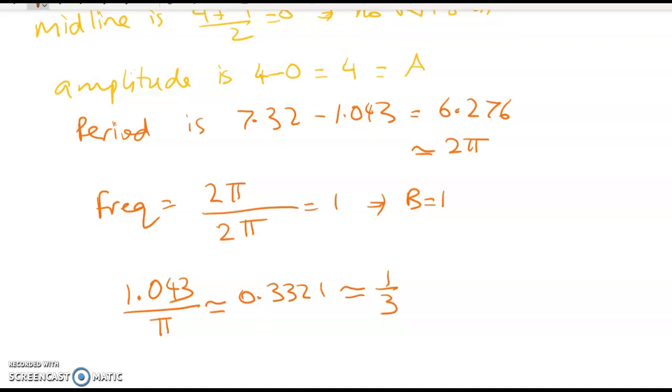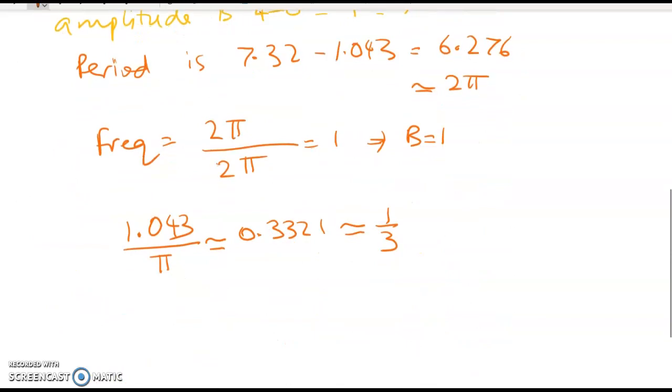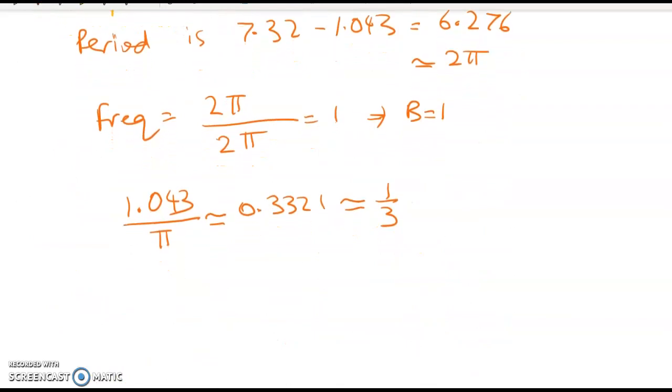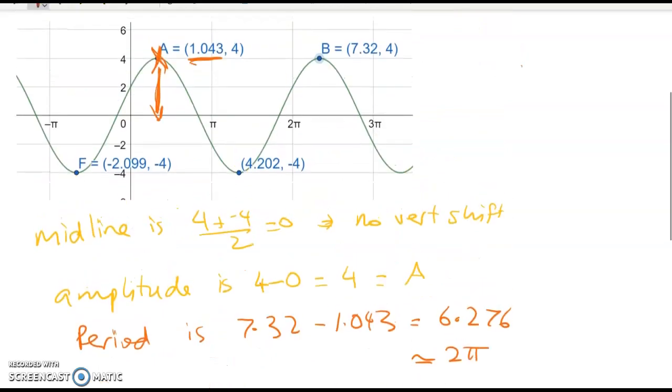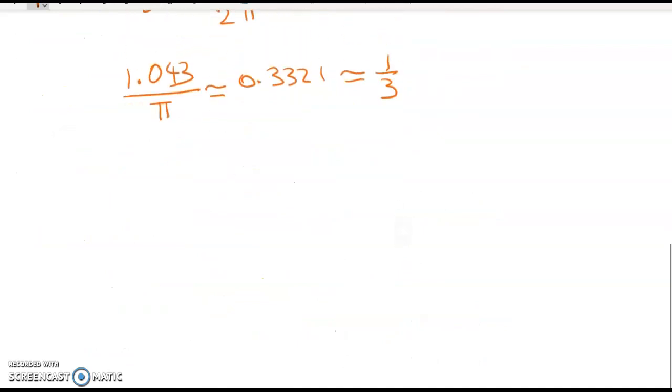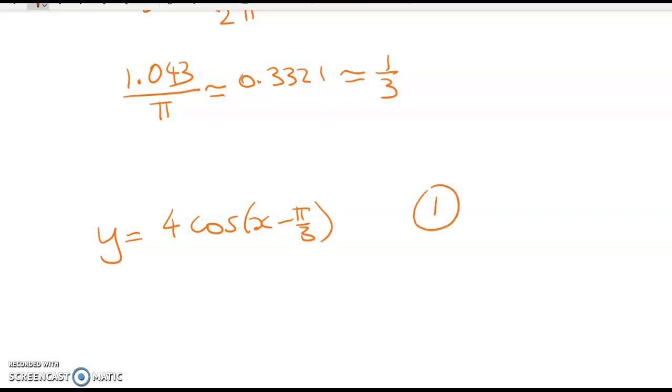Remember, all of these numbers are rounded because I've just grabbed them off my calculator. So that tells me that my horizontal shift at 1.043 is equal to pi on 3. So that's my starting point there. And look, that looks about right from the scale on my graph. So my equation for that is y is equal to 4 cos of (x minus pi on 3). So that's cosine model 1.